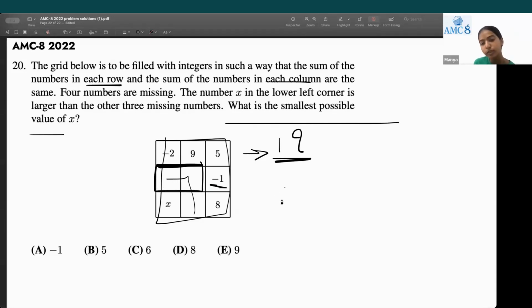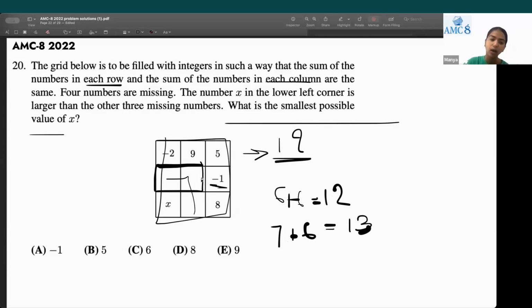If both of these are 6 and 6, then 6 plus 6 gives us 12, and that is the highest number possible. So if that's not possible, suppose we need 7 and 6. 7 plus 6, when we add both together, we should get 13.